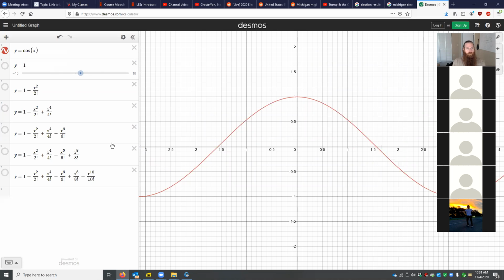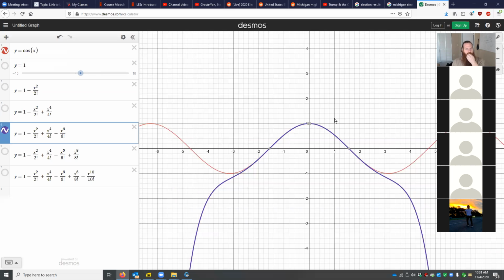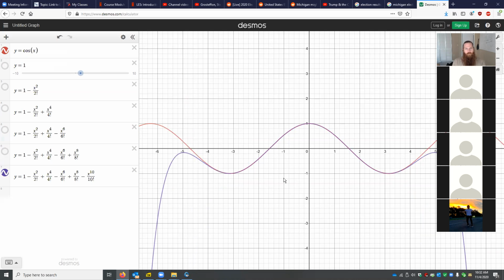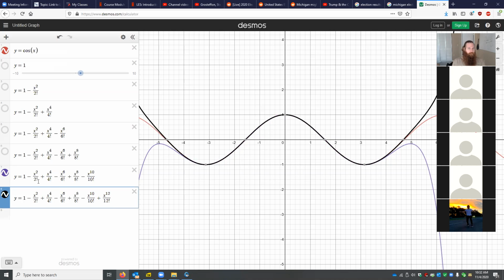And as I add more and more terms in this series, the purple is doing a better and better job of sticking close to the red, as long as you stay near the center. Right? And as I give more and more terms to this series, the purple is going to do a better and better job of sticking close to the red.